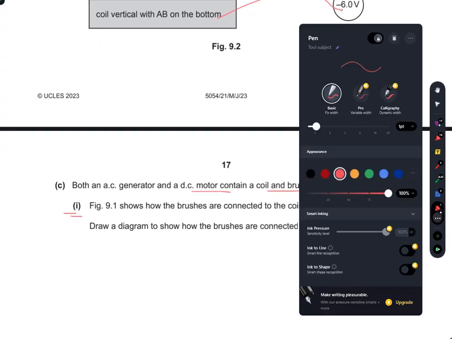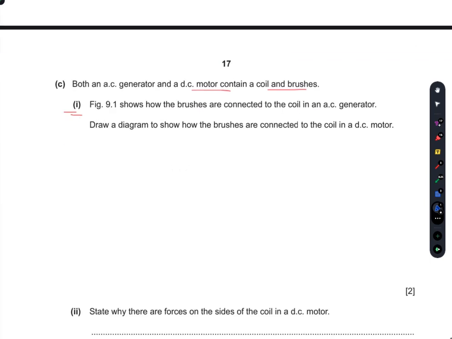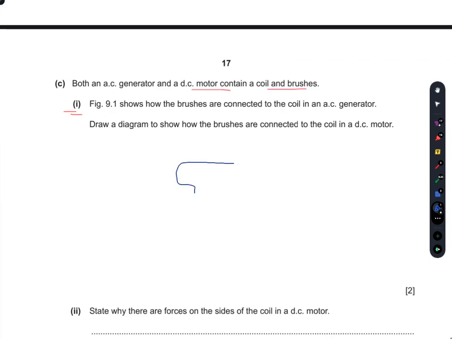So it is actually quite a simple diagram here. First of all, I will try to draw a coil. Suppose this is the coil, and then I draw the split ring.